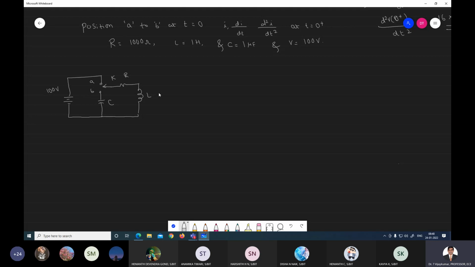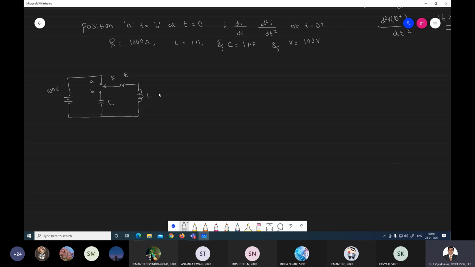Here assume that initially it is at t is equal to 0 minus, and which position? Position A. Because 100 volt has been given, it is fully steady state that has been reached.